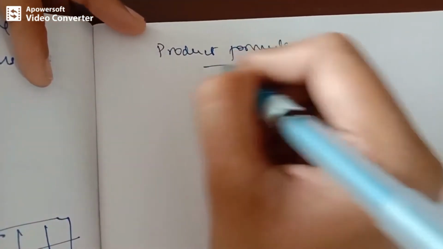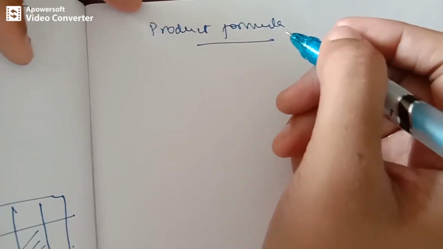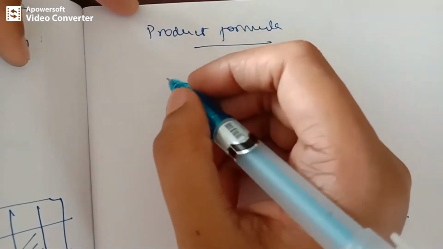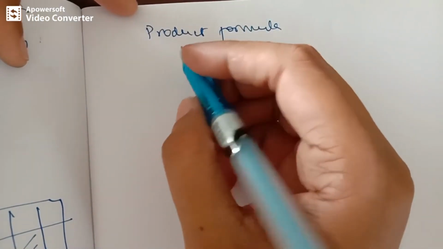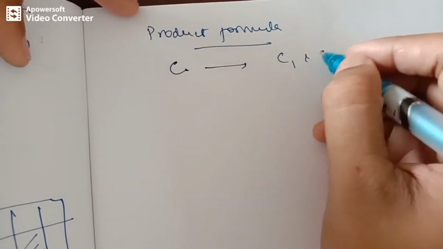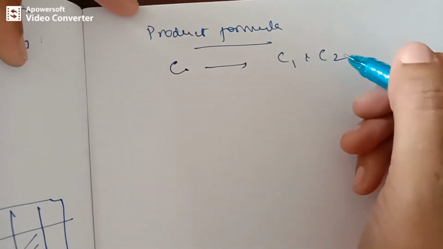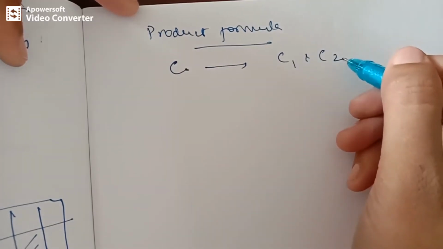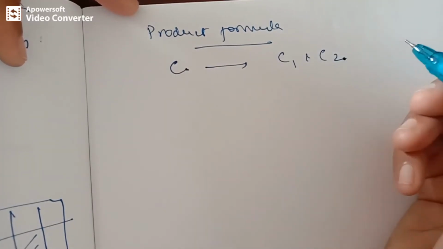So let's define what this product formula is. As I have told previously, when do we have to use this product formula? Let's say we have a board C, and this board C is made up of two parts, C1 and C2, where C1 and C2 have no squares in the same row or in the same column.